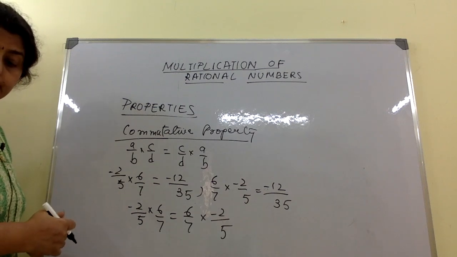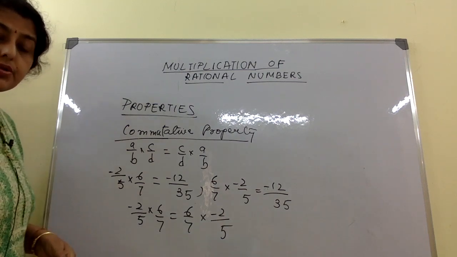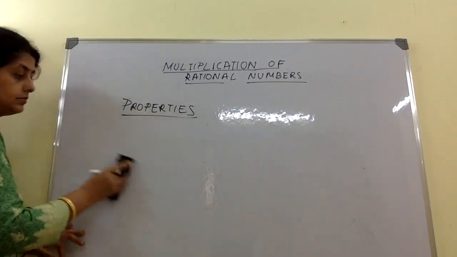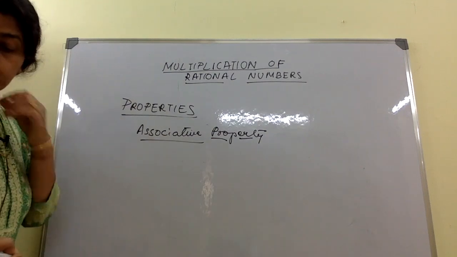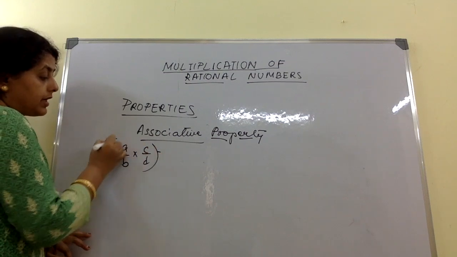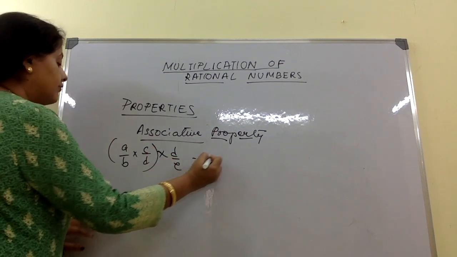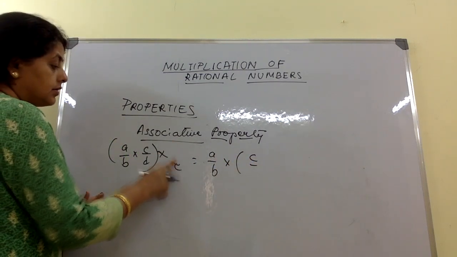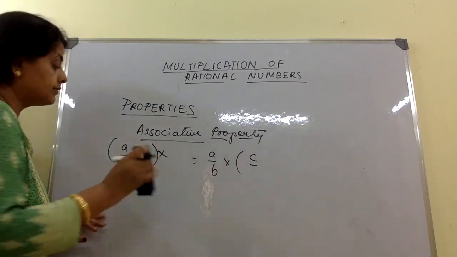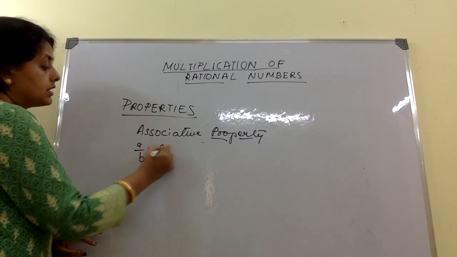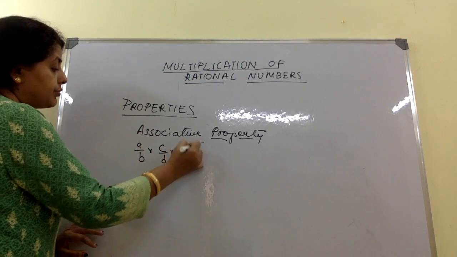Okay, now let me take up associative property. One example for associative property. Now in associative property we have A by B into C by D and bracket here into E by F, which is A by B into C by D into E by F. We put a bracket here.